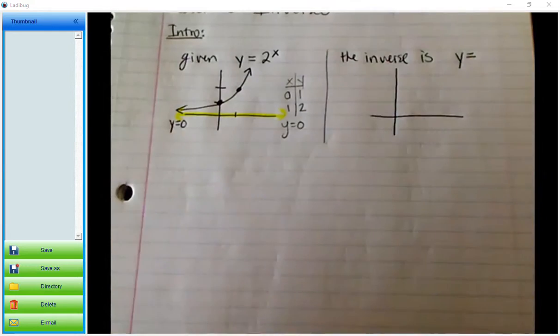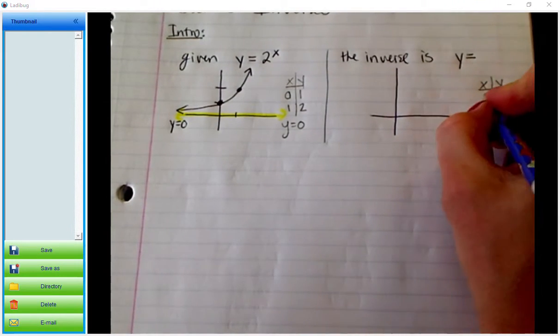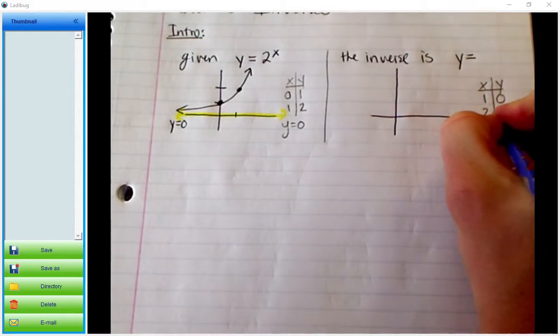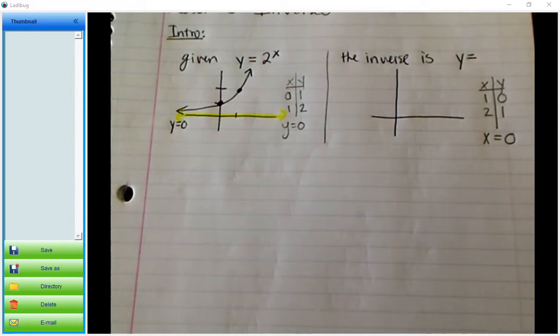Switch them. I'm better at actually writing things down to switch them. All of the letters switch. X and Y switch for inverses.